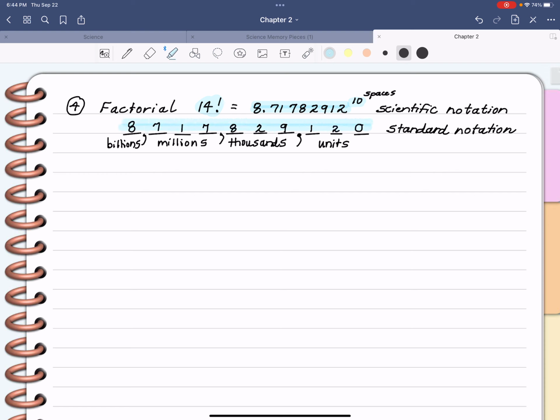Factorials very often give you these enormous numbers. And if you wanted to go ahead and put yet another form, we could use word form.